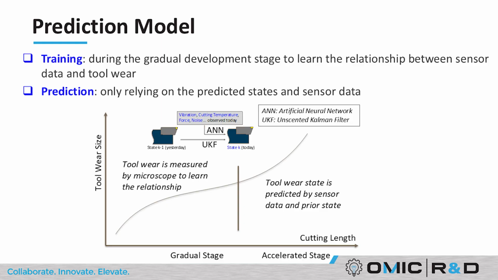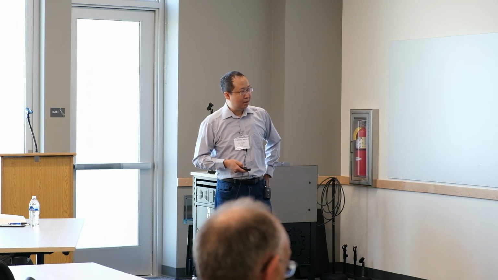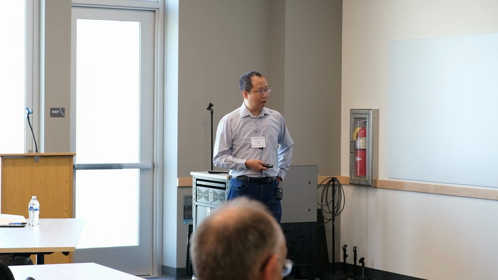After this initial stage, we no longer need to measure the ground truth, and solely based on the sensor data we measure and predict the tool wear in the secondary stage of the cutting process. So we learn the relationship in the first stage and predict in the second stage. That is the basic idea of prediction for our project.